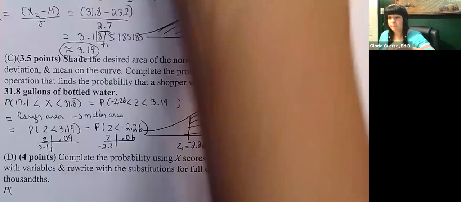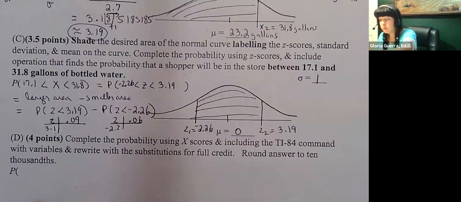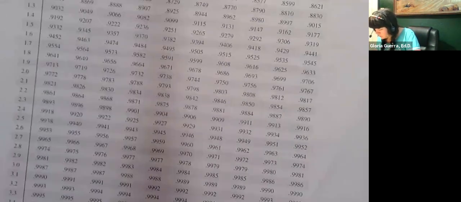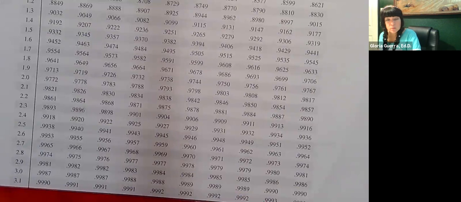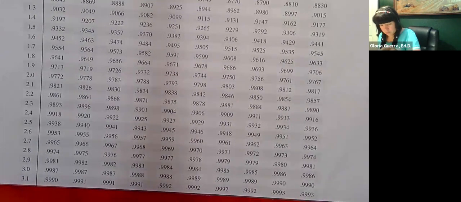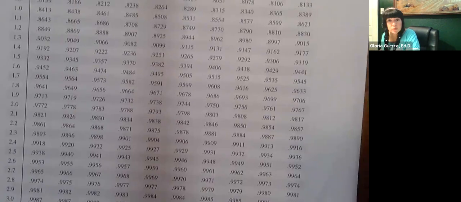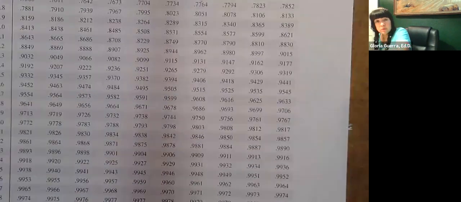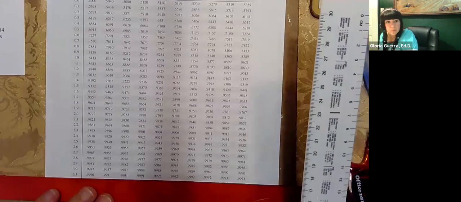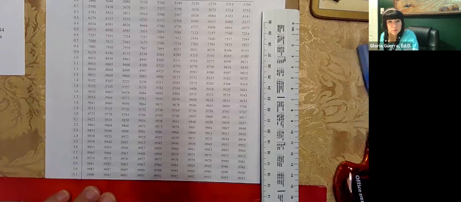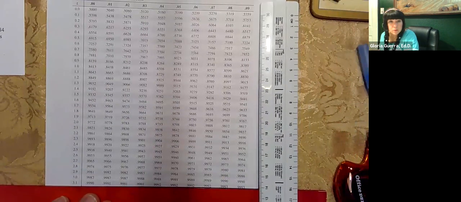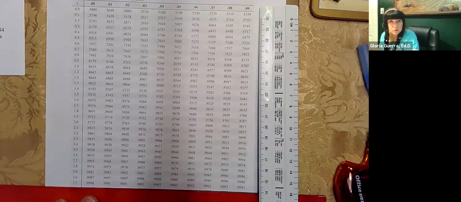Okay, so 3.1, and then 0.09. See, way over here?